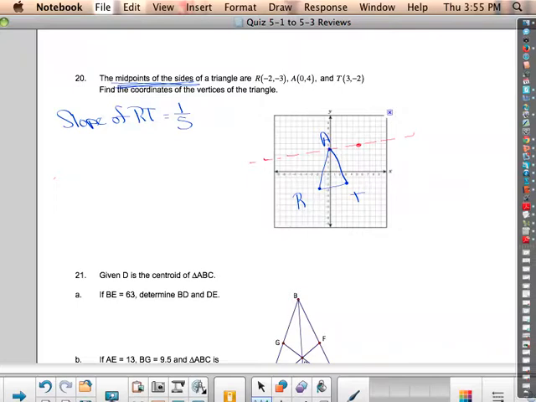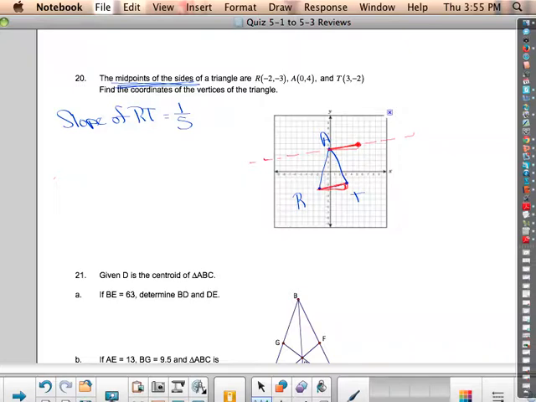If we look at this line RT, and we want to construct a line exactly like that, if we just use that idea of a slope and go over 5 and up 1, we'll end up right here, and that is a line that is the exact same length as RT and parallel to RT.